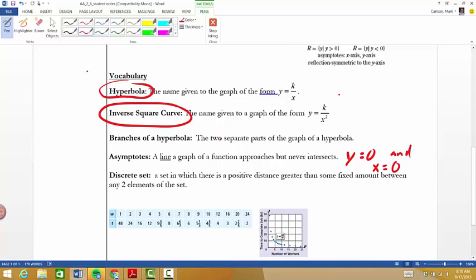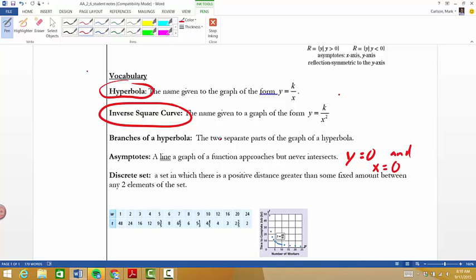Okay? And then the final thing is the idea of a discrete set. From your standpoint, a lot of times you want to just think about a discrete set as being something that's non-continuous. There's gaps between the points. The definition of a discrete set is the following, so make sure that you get that down. But you can think of a discrete set as being individual points that are not connected.